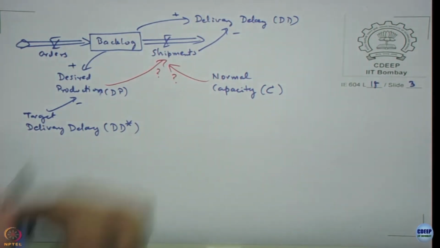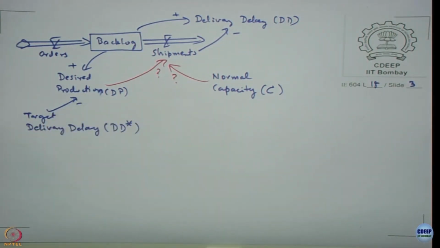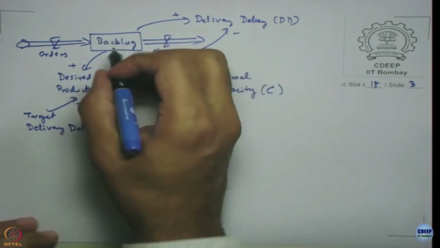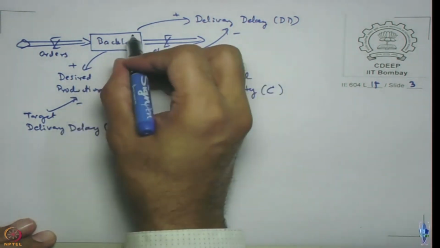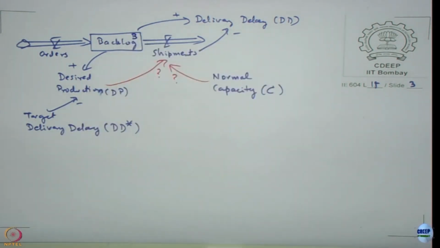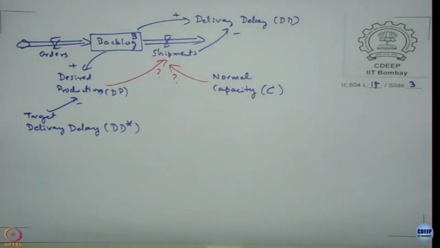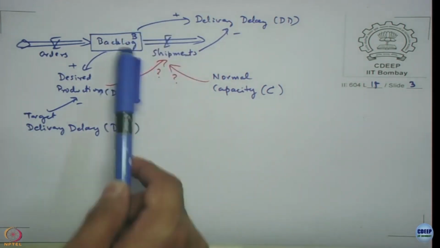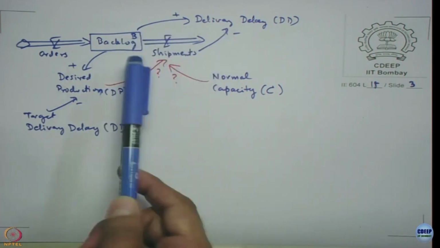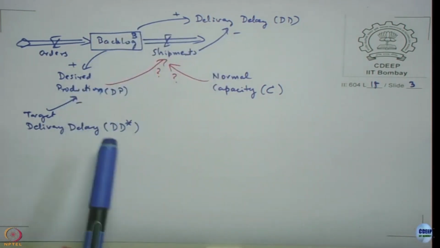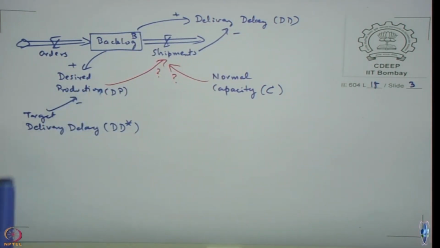So let us put a minus there. This is the setting that we have. Backlog, you can just call it B. Suppose the backlog you are measuring in terms of bottles or something. If that is the unit of measure, then desired production is bottles per week, which is what they are producing. So what should be the unit for capacity?